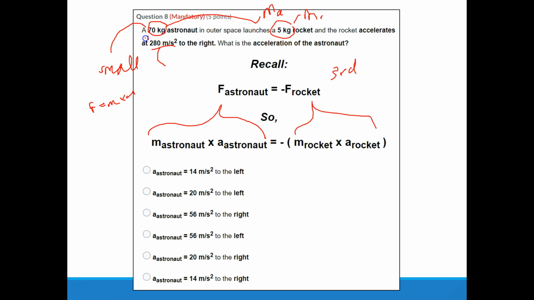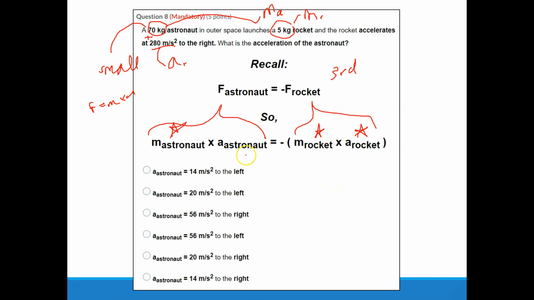Keep in mind this is a positive acceleration. So this is the acceleration of the rocket. Okay, so that being said, you know the mass of the astronaut, so you can plug that in here. You know the mass of the rocket, so you can plug that in here. And you know the acceleration of the rocket, so you can plug that in here. So all we need to do then is we just need to solve this.